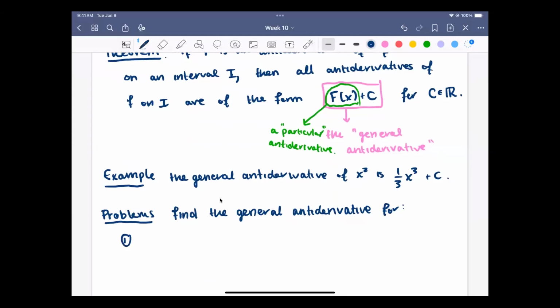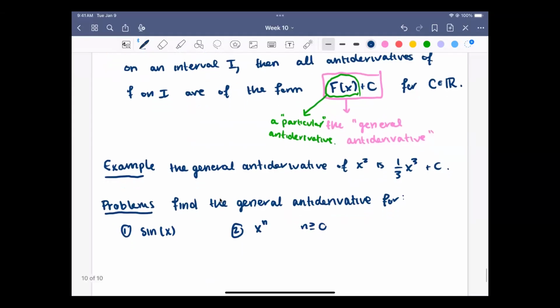So let's do sine x, and x to the n when n is greater than or equal to 0. Let's just do those two. I'll give you a few minutes to think about those and then we'll discuss together.